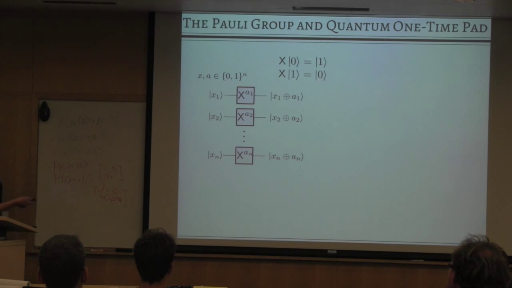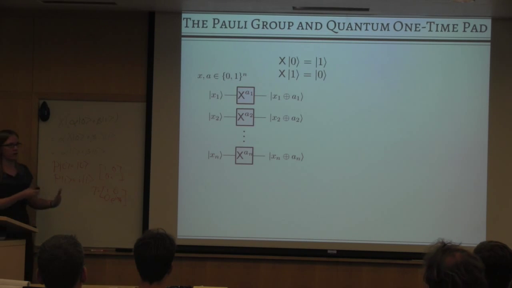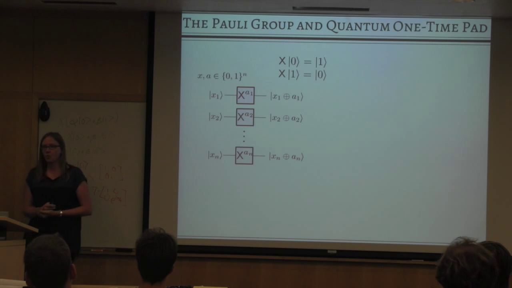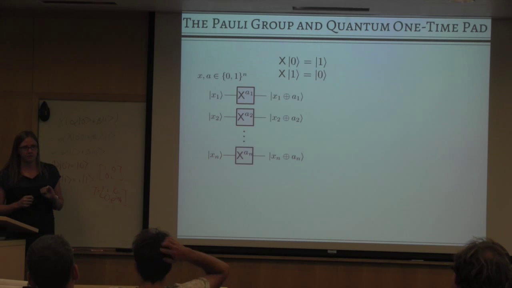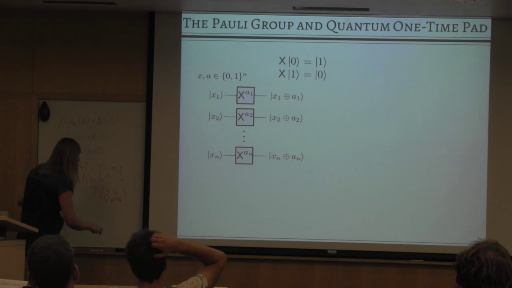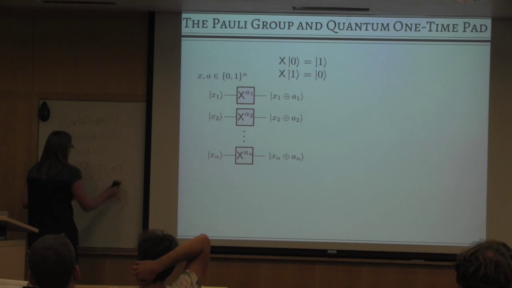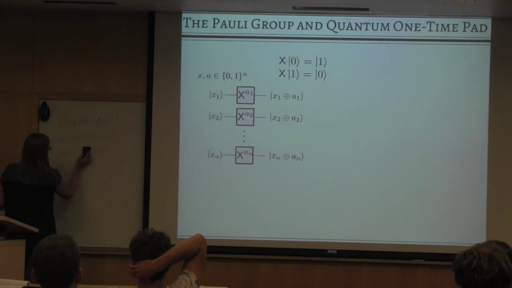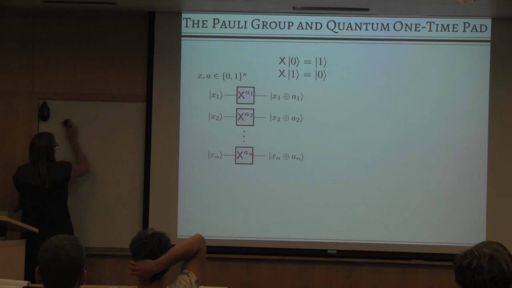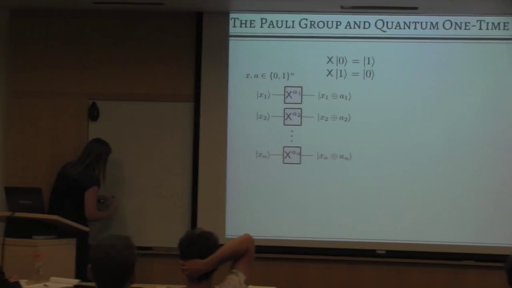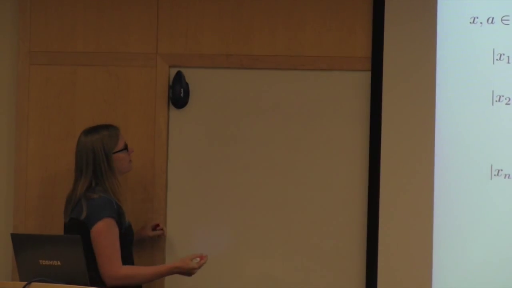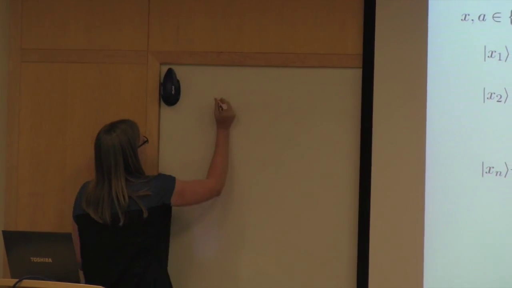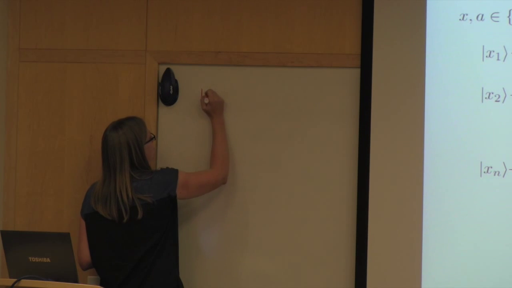Okay, so of course we could extend this by linearity, and this is an operation we could apply to any quantum state. I want to show you why this is not a secure way of encrypting quantum information. So I'm going to choose a quantum state from the Fourier basis.